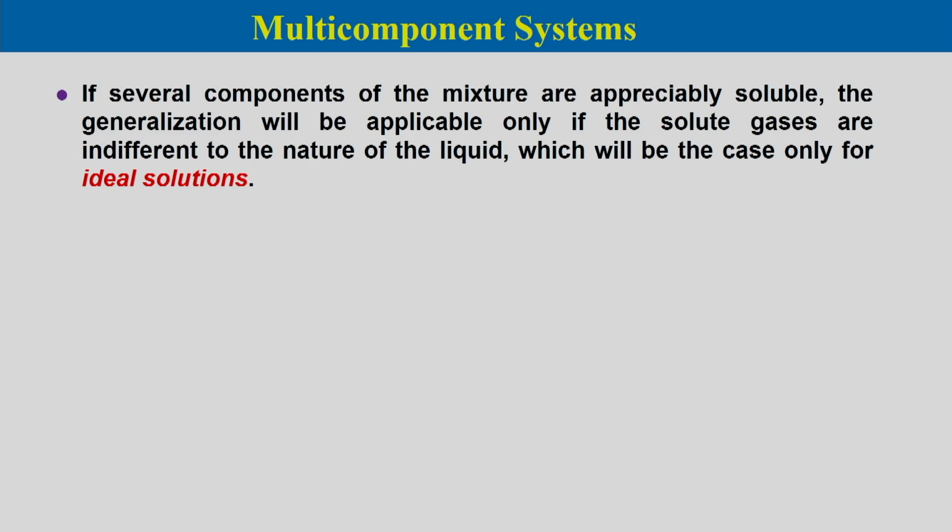In that case, that general principle can apply. But if we have components of the mixture that are appreciably soluble, the generalization will be applicable only if the solute gases are indifferent to the nature of the liquid.